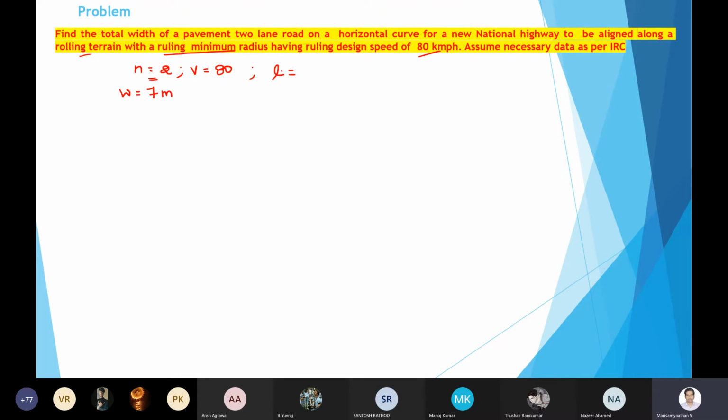As I told, we need to assume L as 6 meter. Then they are telling us to estimate the ruling minimum radius by considering the rolling terrain in the highway. This is the statement they have given in the problem.